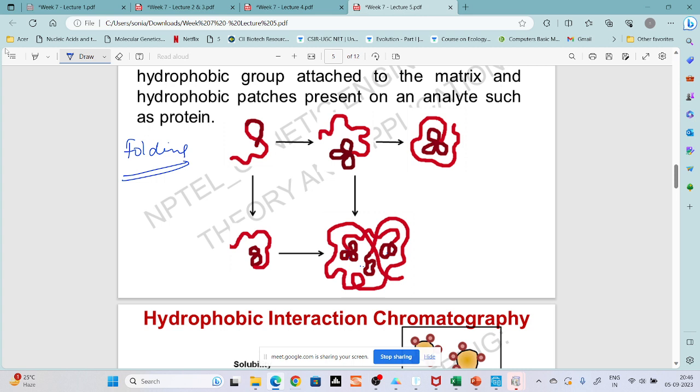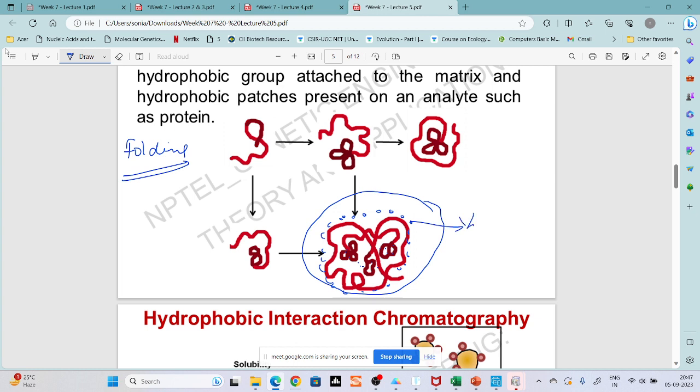So when this protein is present in a polar solvent such as water, these hydrophobic amino acids are protected. Water molecules are present all over the protein, and this is the hydrophilic area, so they can interact with no problem.